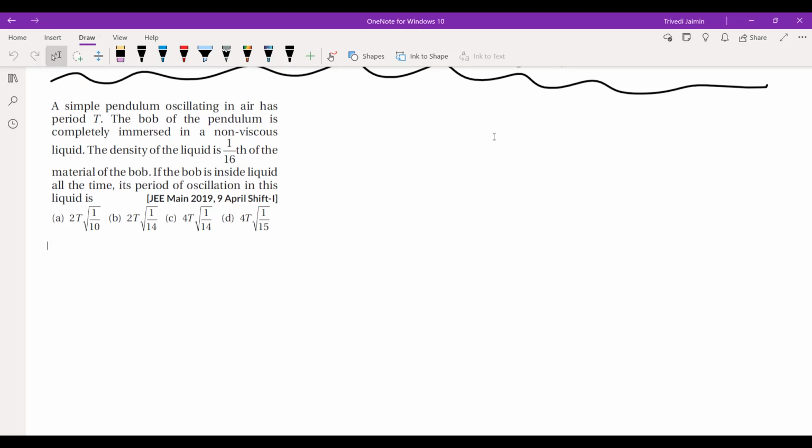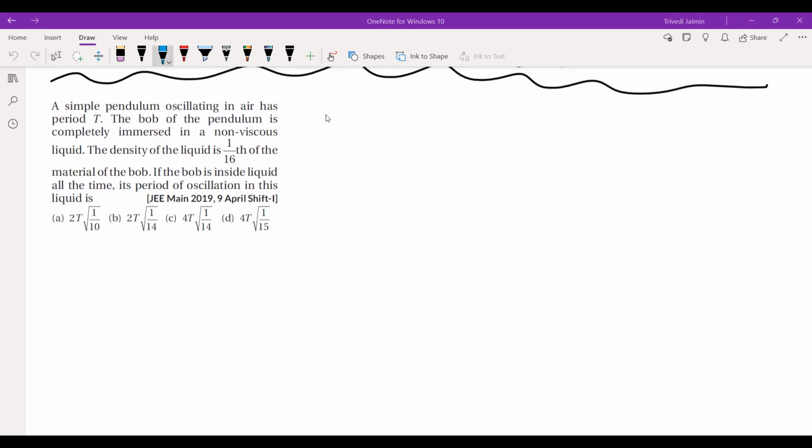Simple. So we'll use the time period formula. T equals 2 pi root L by g. I'll give you a hint.